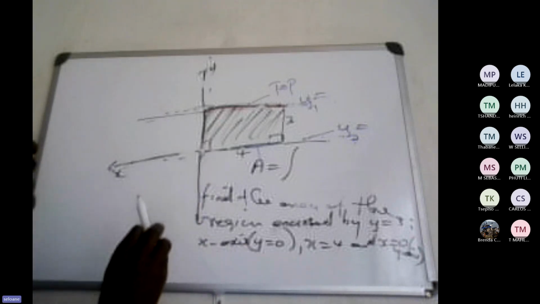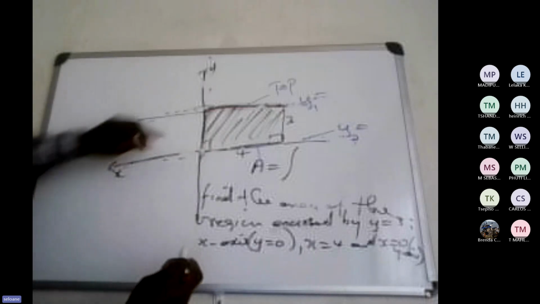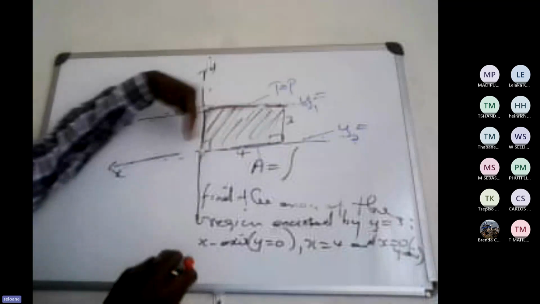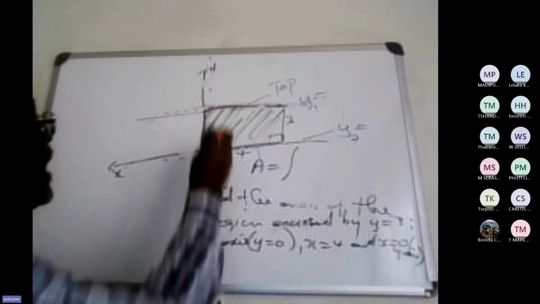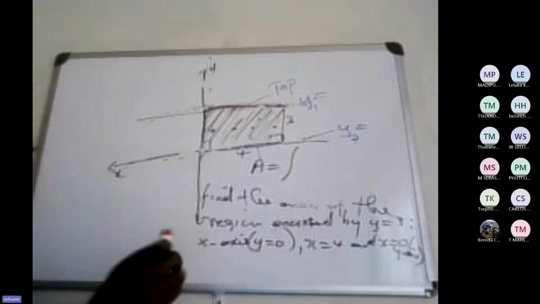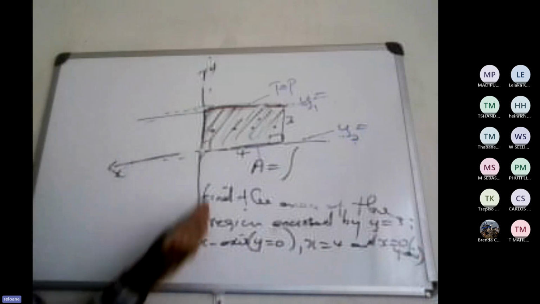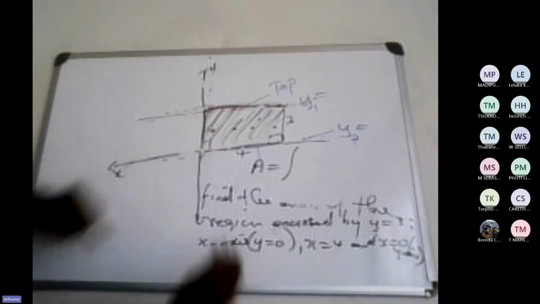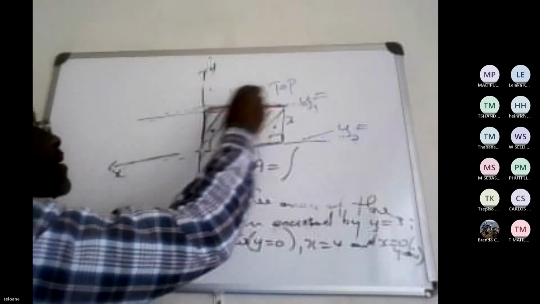For argument's sake, as we have already talked about, it doesn't matter where you stand in this region, whether here or here or here. If you look up and try to go out of this region, you will be prevented by this top fence.